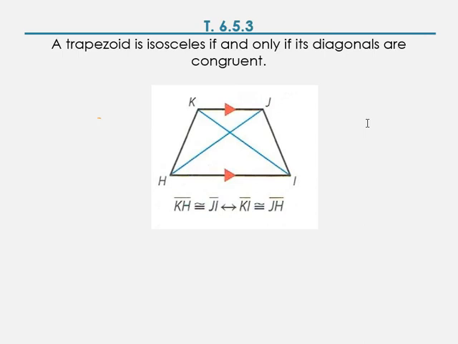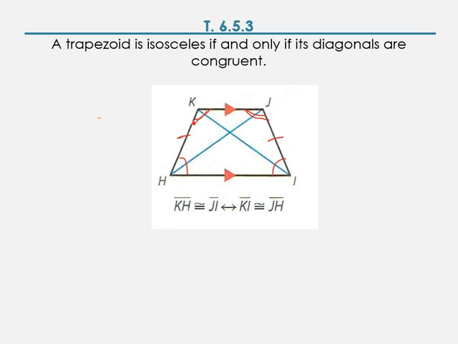6.5.3, a trapezoid is isosceles if and only if its diagonals are congruent. So, here's another property. We know that we have these congruent sides. We know we have congruent angles. And we also know that the diagonals are congruent. Now, the diagonals of an isosceles trapezoid do not bisect each other.